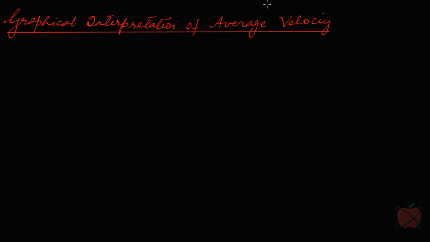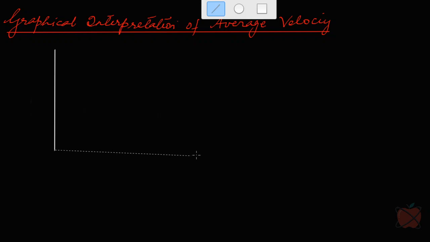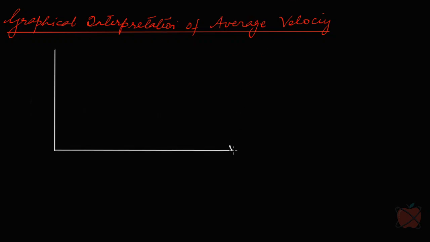Okay, so let's say we have the graph for the motion of a body as shown in this graph. Let me draw the position time graph of the motion of the body. Along the x-axis I'm measuring the time, and along the y-axis I'm measuring the position of the body, and that position is denoted by x.